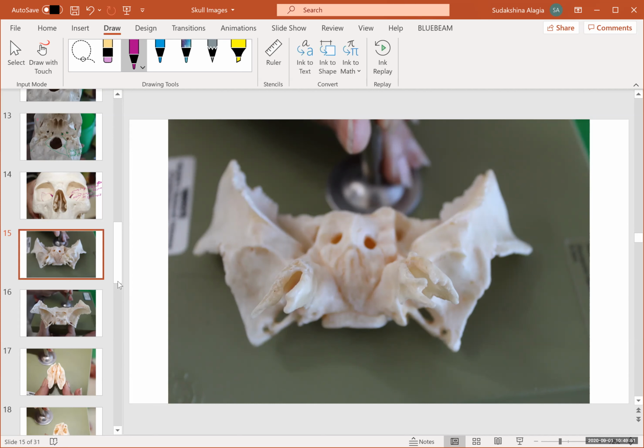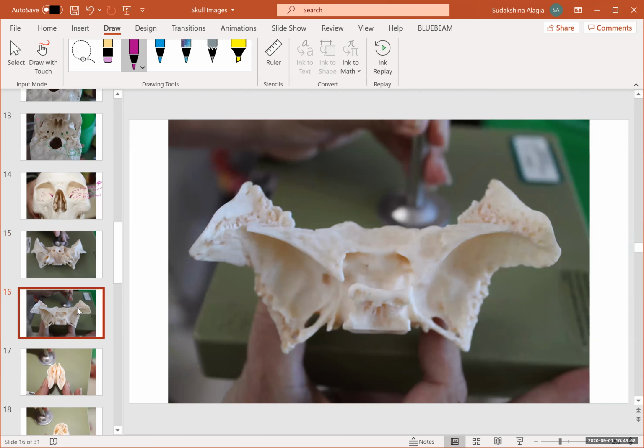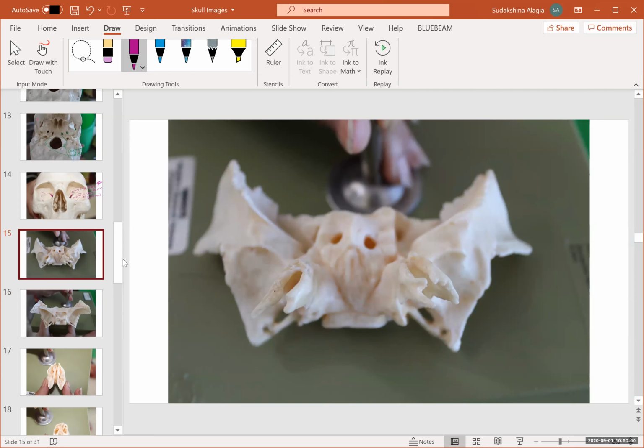So just to give a reference, what can we see from this view? First things first, the reference of where this bone is: the orbital surface is right here. What we just looked at, the orbital surface of the sphenoid bone. This is that orbital surface. That gives you some reference.